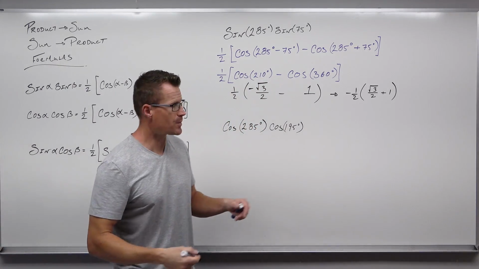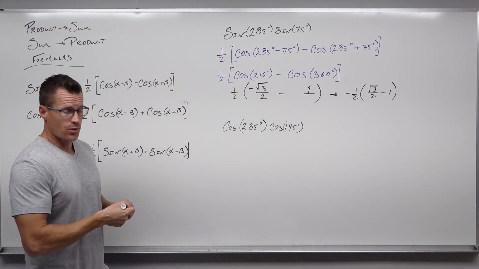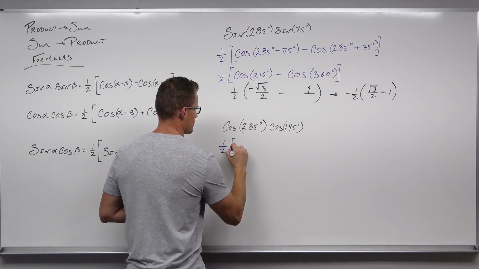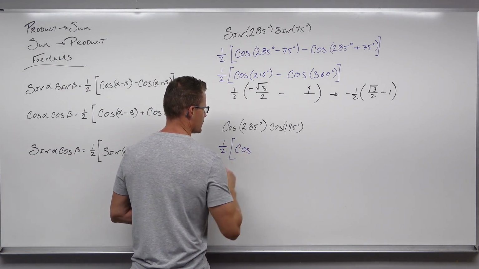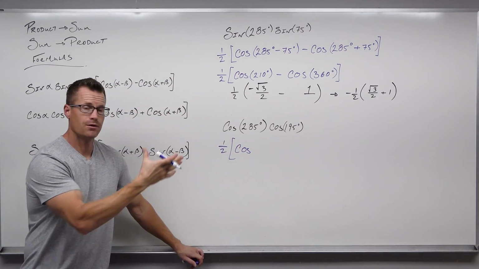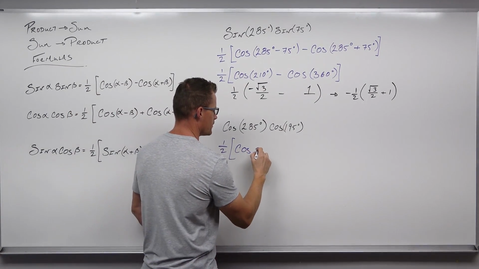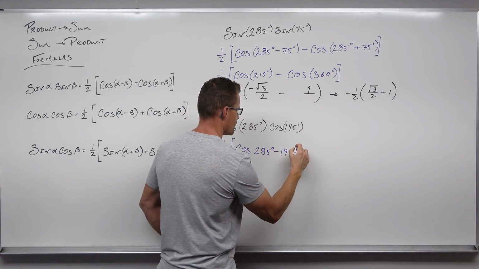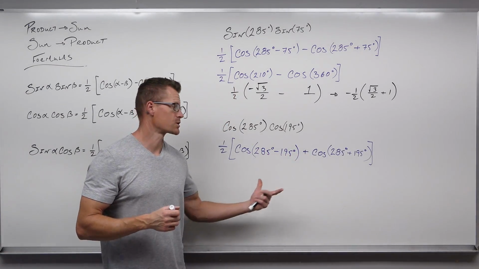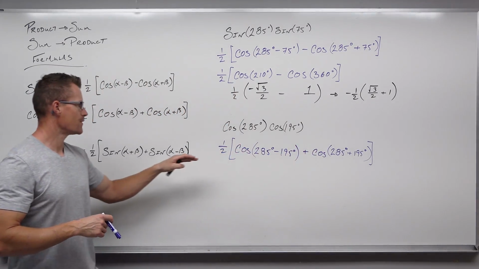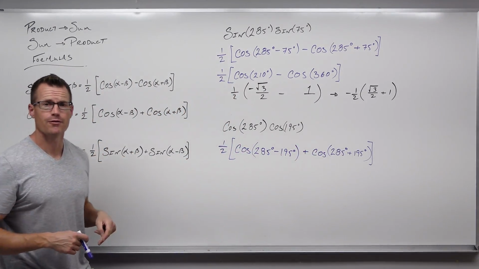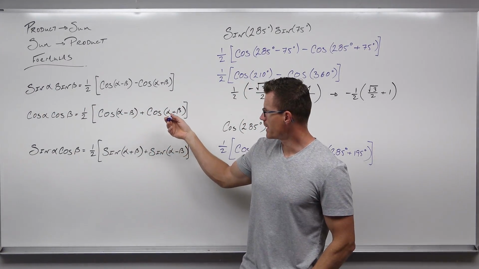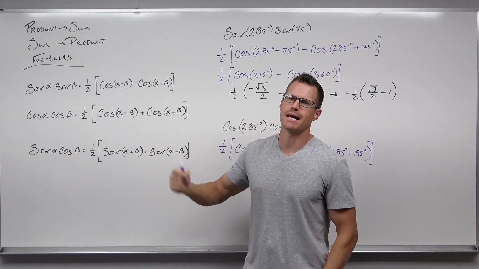So let's copy that. We're going to start with our 1/2. Cosine of subtract them. Plus cosine of add the two angles. That follows exactly what we know that formula is going to do for us. It says that we're going to subtract the angles, add the angles, cosine in both places, and add them together.